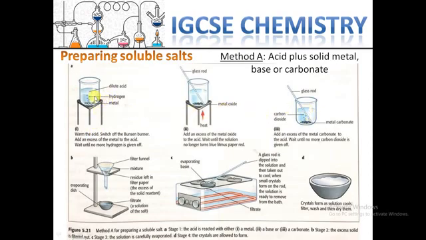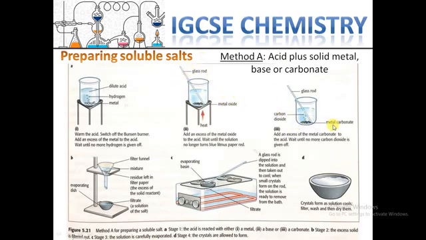For each way, for example, if you add acid to metal, you don't need to use a heater, because the metal is very reactive, as we learned before in previous chapters. But metal oxide needs a heater, so you need to heat your solution and also stir with a glass rod.